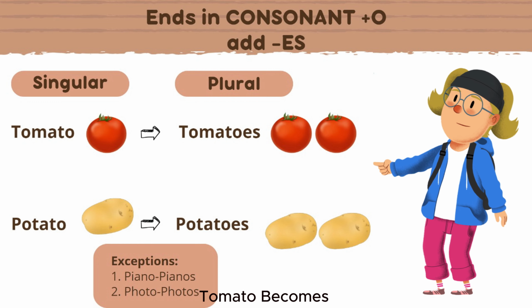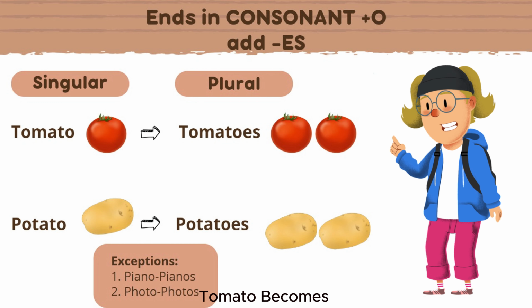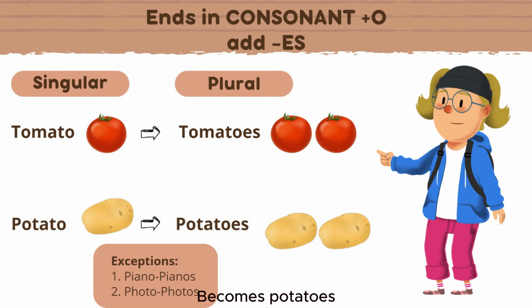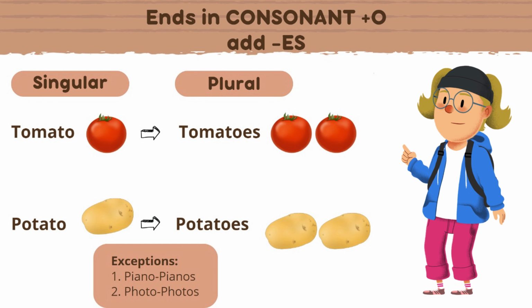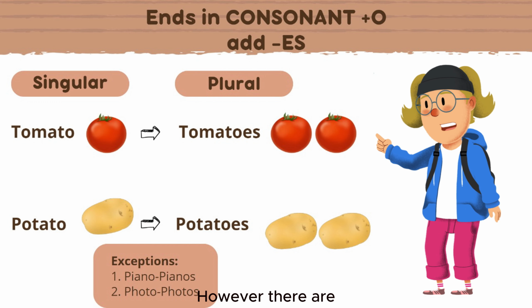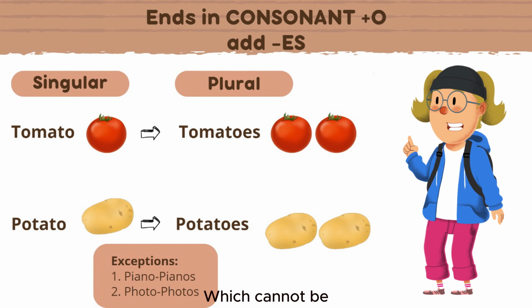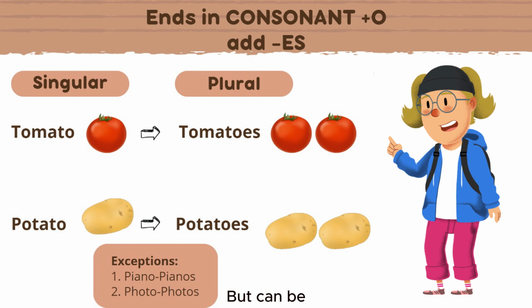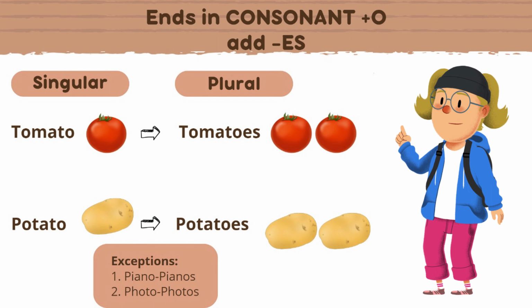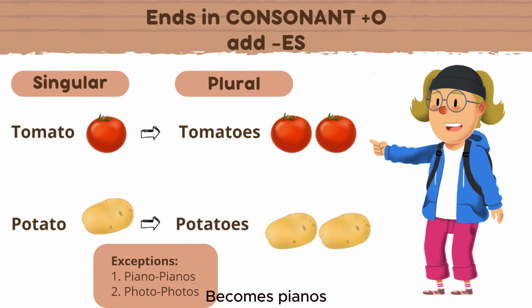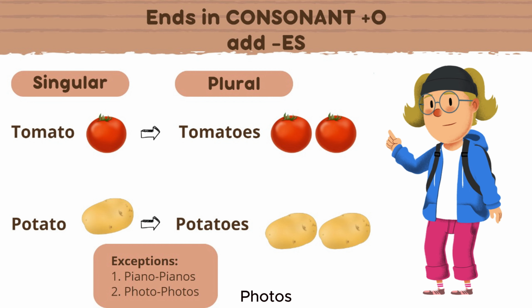Examples are tomato becomes tomatoes. Potato becomes potatoes. However, there are examples of nouns whose endings have a consonant plus o which cannot be added with es but can be added with s. For example, piano becomes pianos. Photo becomes photos.